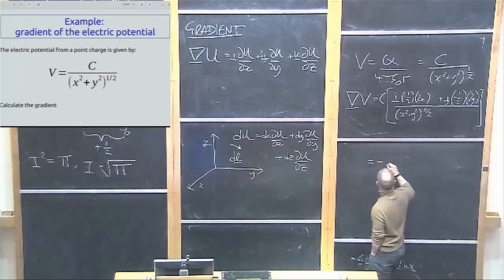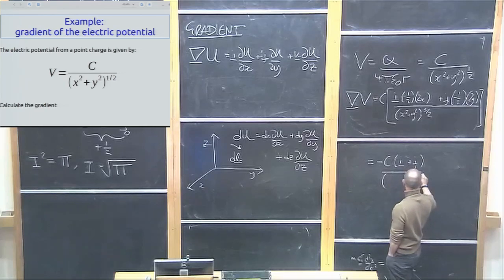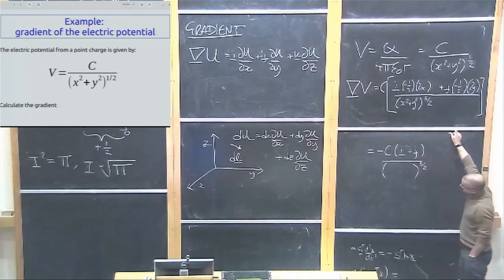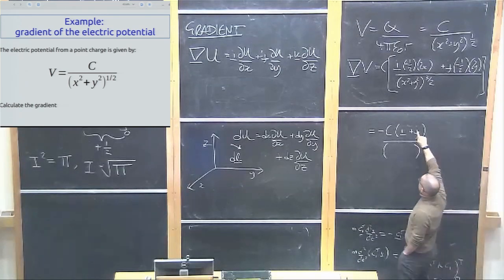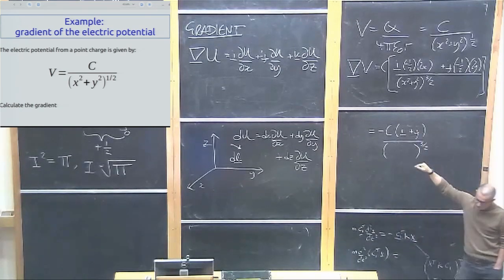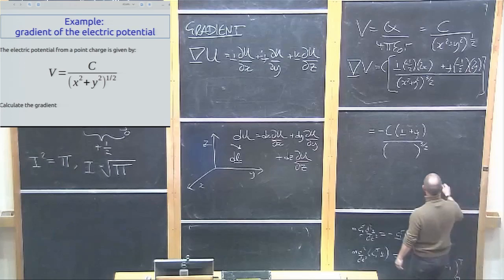And this then is going to be minus c times (i plus j) all over that expression. So that is a vector. You remember you did the sketches of vectors for the last lecture. This is a vector field which always points towards the origin. This is a radially symmetric case.